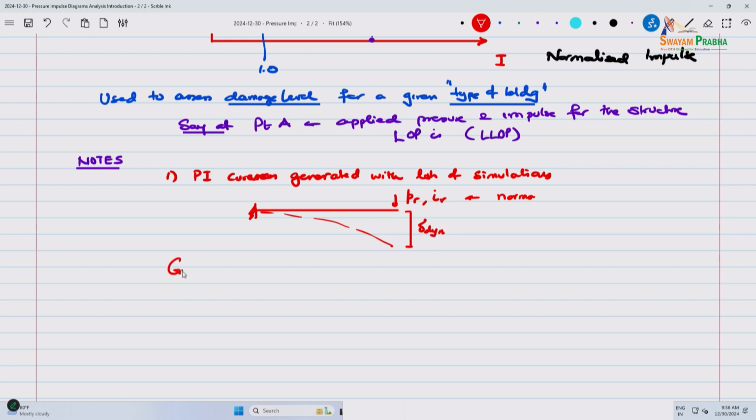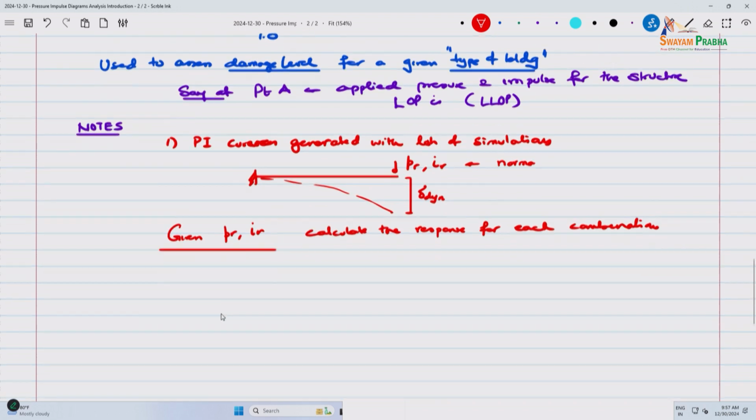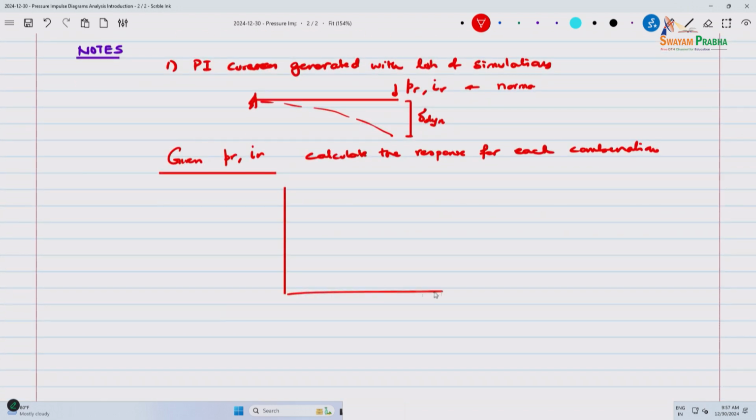So given PR and IR, calculate the response for each combination. Then let's say this is your normalized PR and this is your normalized IR, and you'll have a bunch of points all over the place.